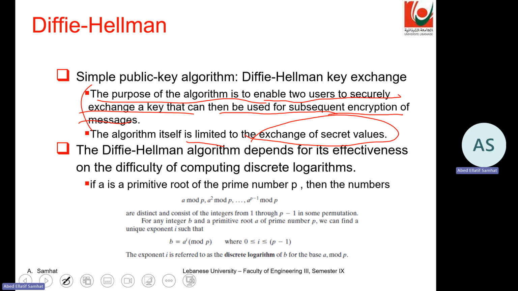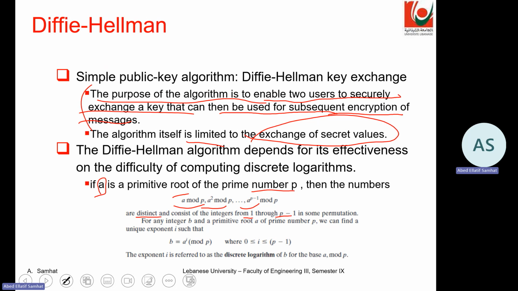So the idea here is that if you have a primitive root a of the prime modulo p, then the numbers a mod p, a squared mod p, up to a to the power p minus 1 mod p are all distinct and consist of the integers from 1 to p minus 1 in some permutation.